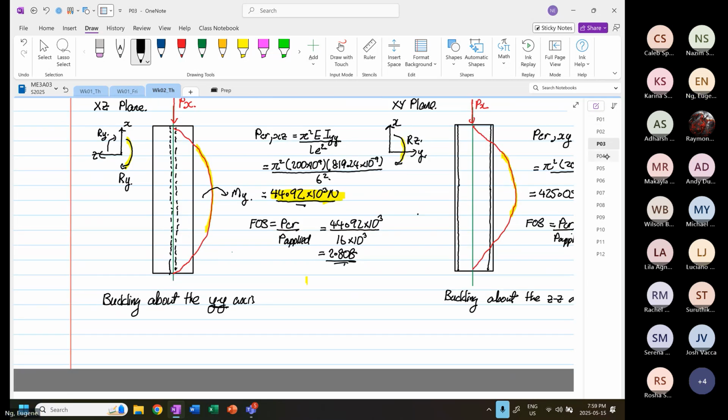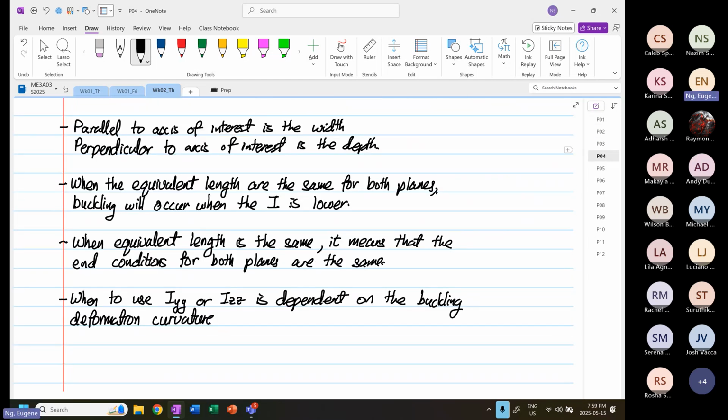Now we are going to do another example. This example builds up on what we have in example number 1, but now the end conditions are not the same. I repeat again, the end conditions now are not the same.